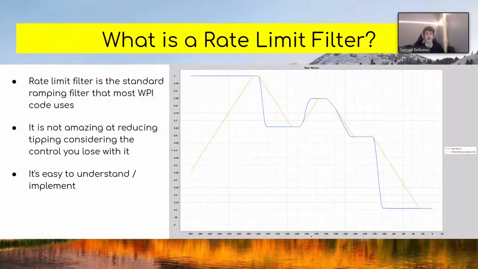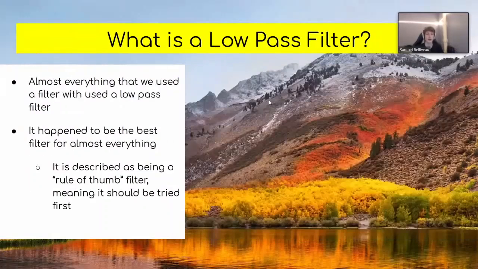You lose a lot of control considering the amount of reduction in power usage you get. It's easy to understand and implement. It limits the amount that it can change over time, but it's not as amazing as it could be.